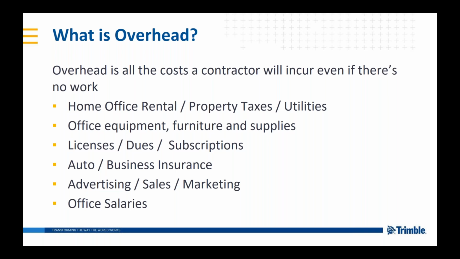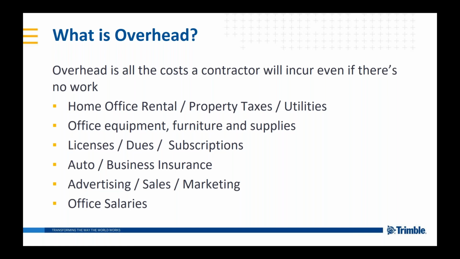So the home office rental, the property taxes, utilities, all associated with the home office, the office equipment, the furniture, supplies, your licenses, the dues or subscriptions, your auto or business insurance, advertising, sales, and marketing, and your office salaries. All of these things and more make up what your overhead is comprised of.